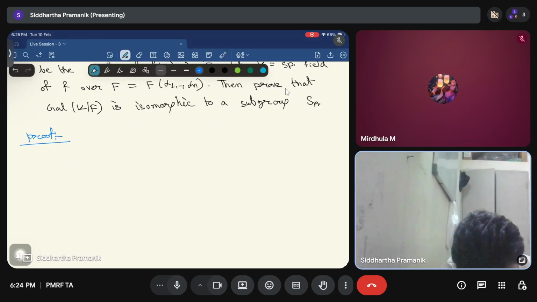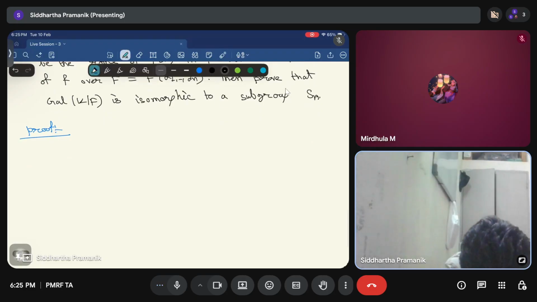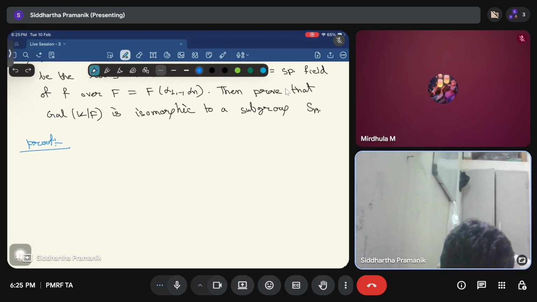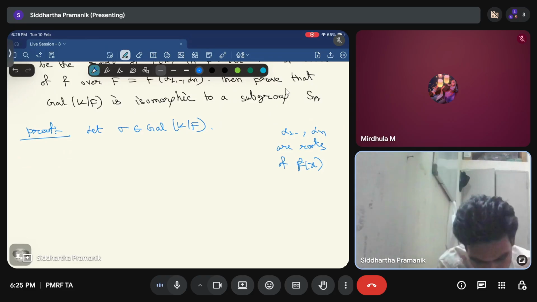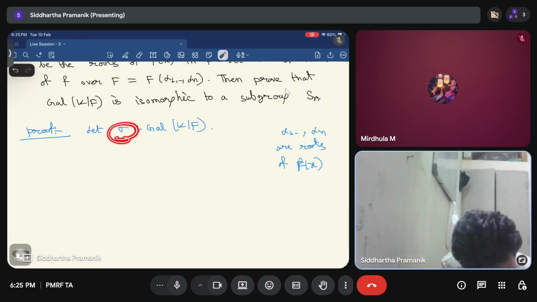Let sigma be an element of this Galois group. Then we know that alpha 1 up to alpha n are the roots of f(x), right? Now what happens if we apply this sigma to these roots?